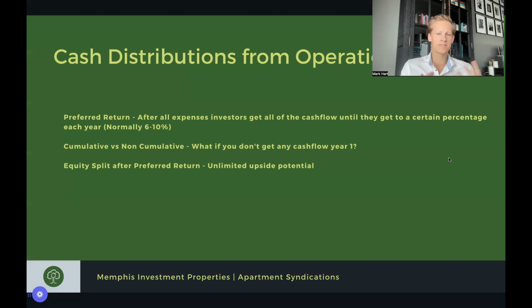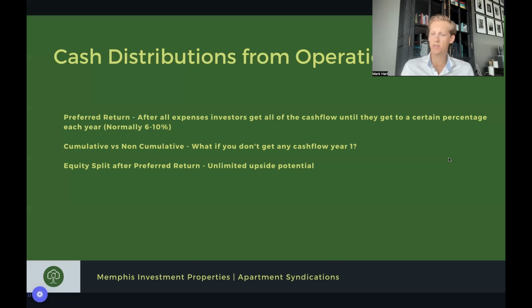So what's the benefit of that? Well, it says that we have to succeed in order to get a piece of that cash flow. So we have to do better than the preferred return before we as a general partner get a split of that cash flow. You'll see preferred returns from 6 to 10%, and some people might not have it at all, right?